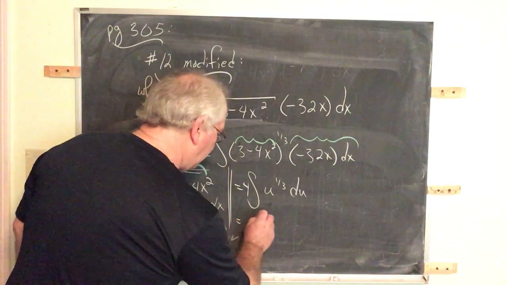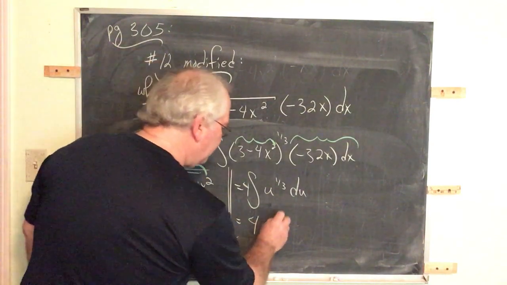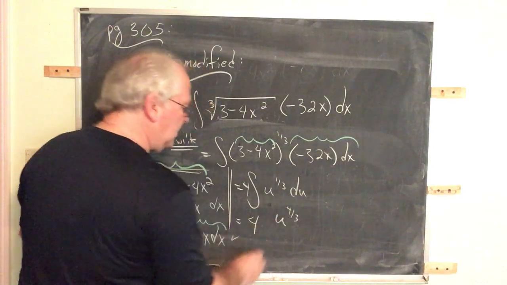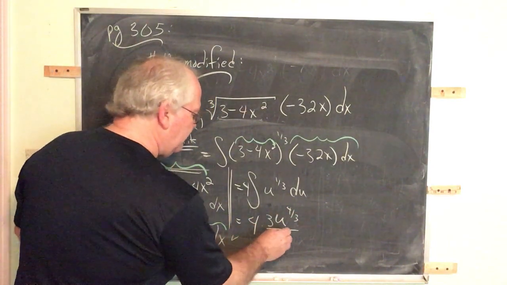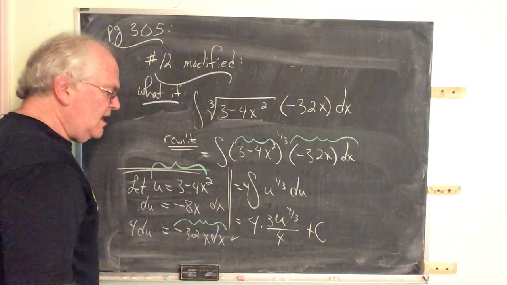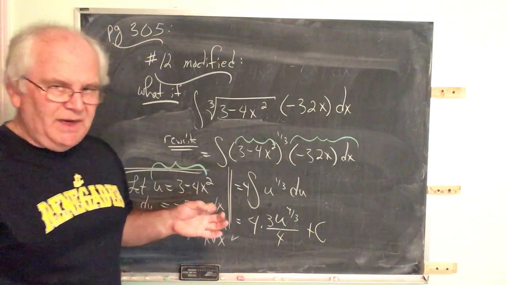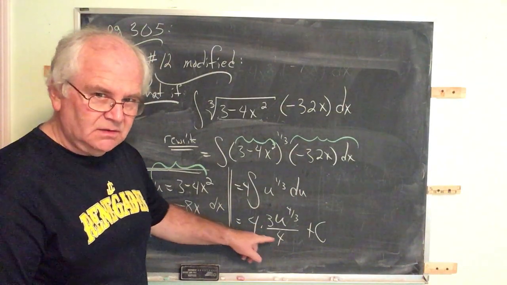So this is now the antiderivative. Constant multiplier multiplies along. This is u to the 1/3 plus 1 is 4/3. Divide by 4/3 means multiply by 3/4, plus the constant. And now you back substitute to go back to the original language. You don't really need to do this, but it's probably not asking too much to see that those 4's cancel.